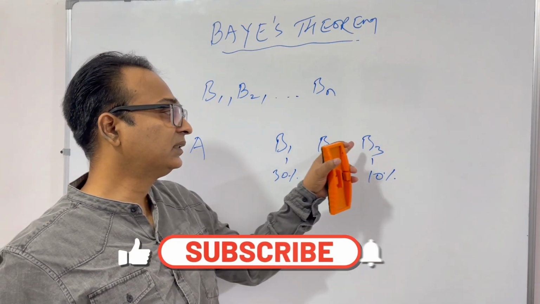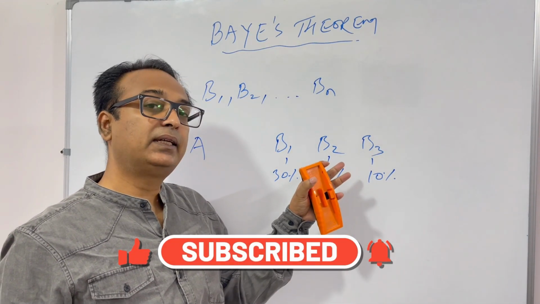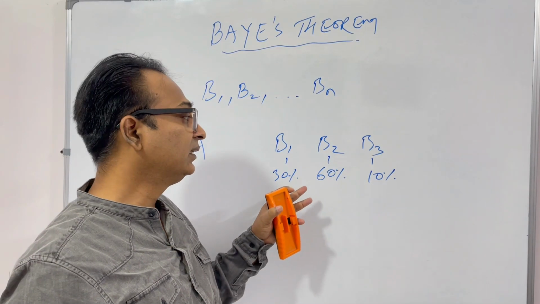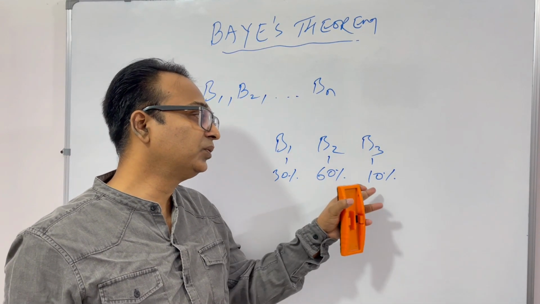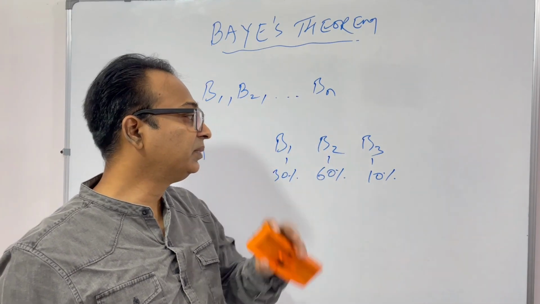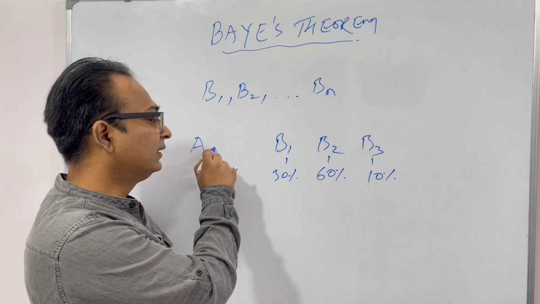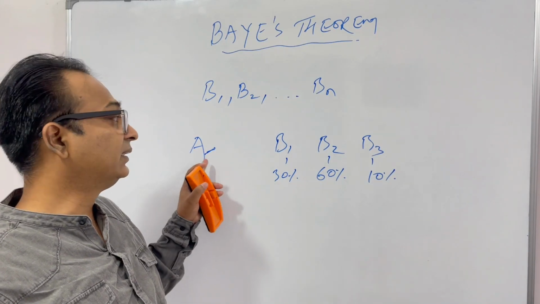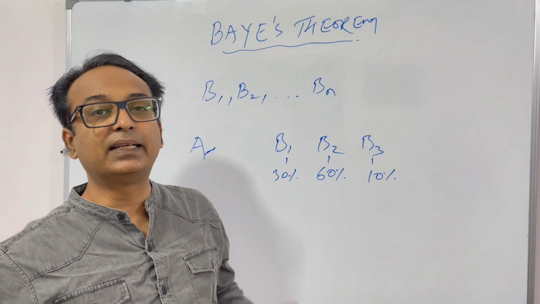These are 3 machines, and of the total output that we have from the factory, we have 30% from machine B1, 60% from machine B2, and 10% from machine B3. And let's say the event A, what is this event? This is the event of production of a defective item.